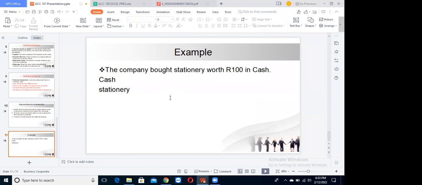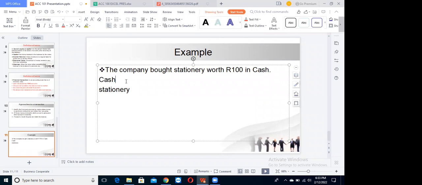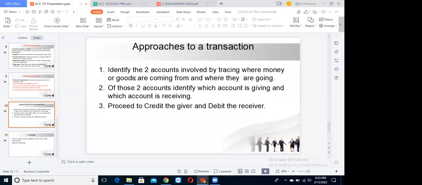So the cash account is giving and the stationery account is receiving. Just for illustration purposes, I'm going to write here: this one, the cash account, is giving, and the stationery account is receiving. So we have two accounts. We have identified which one is giving. We have identified which one is receiving. What then is our next step?